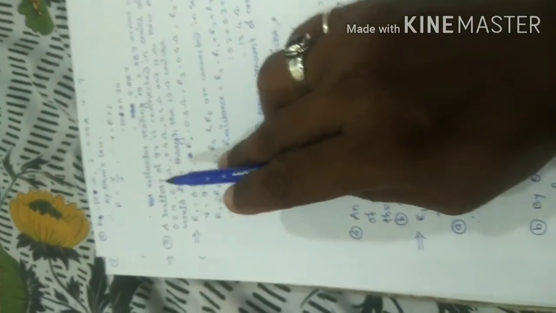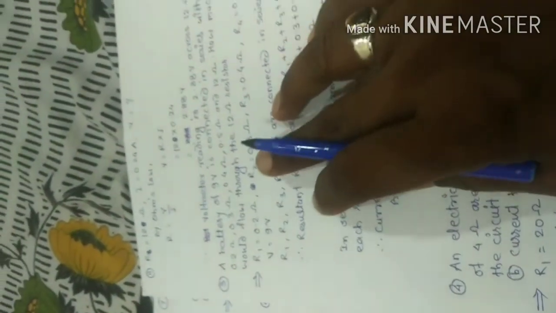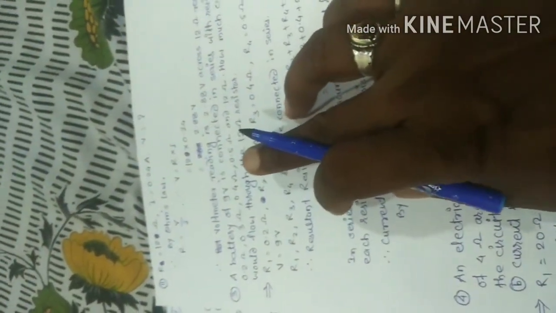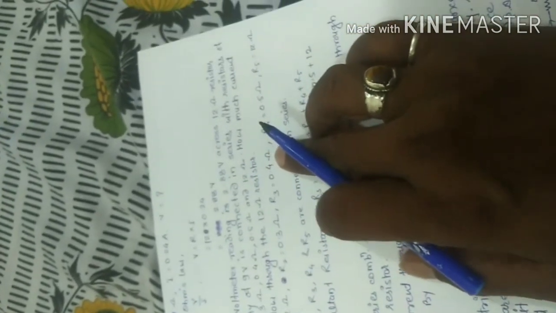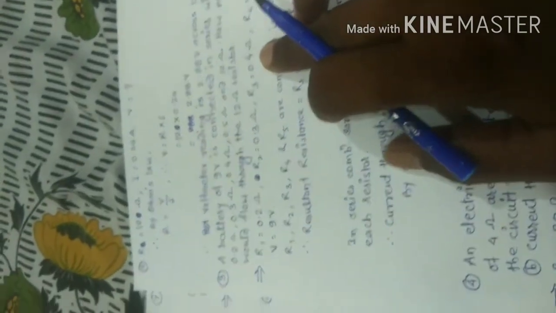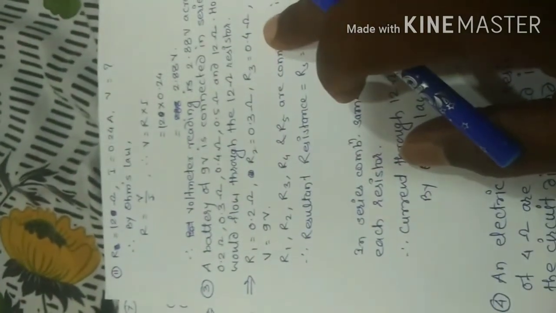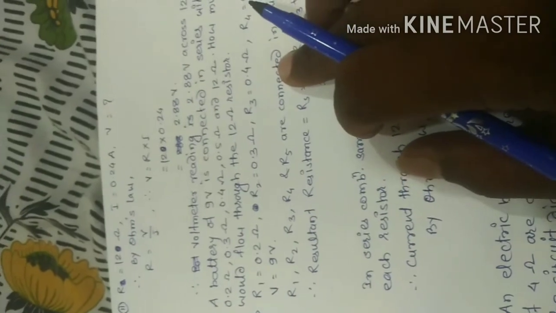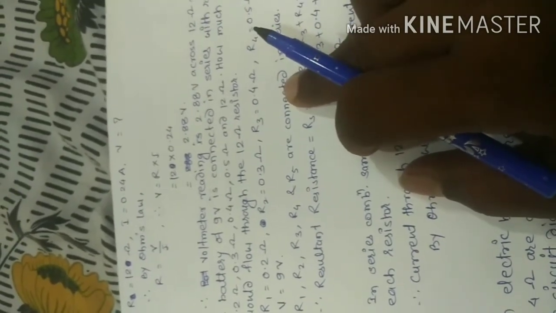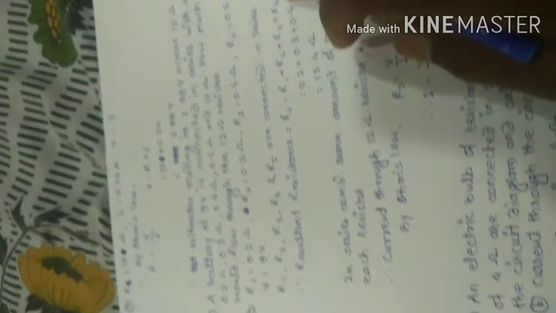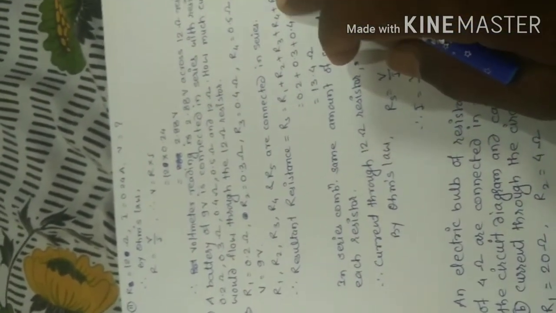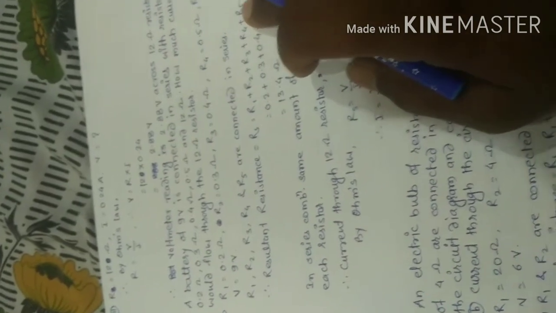Now the third question. What is the third question? A battery of 9 volt is connected in series with resistors of 0.2 ohm, 0.3 ohm, 0.4 ohm, 0.5 ohm and 12 ohm. How much current would flow through the 12 ohm resistor?